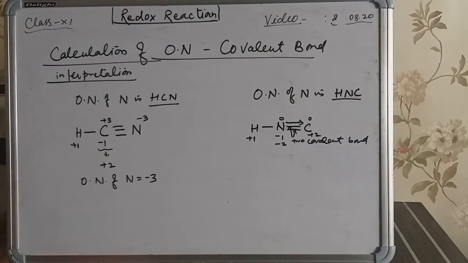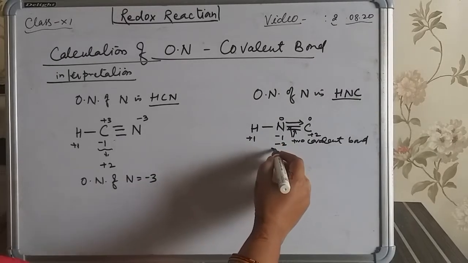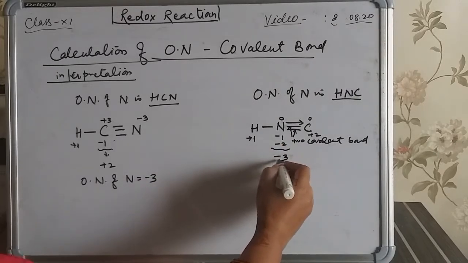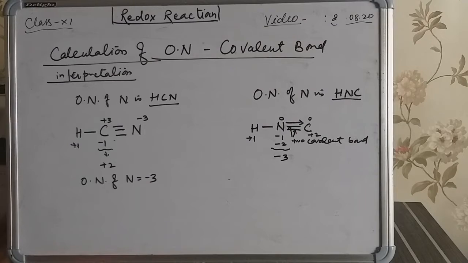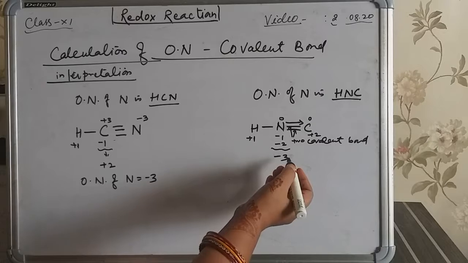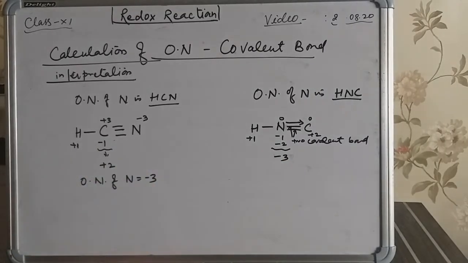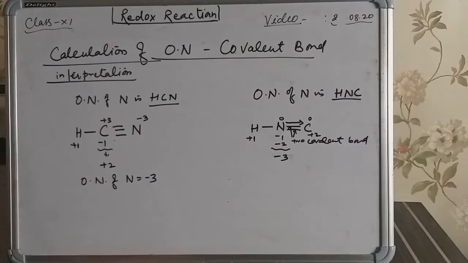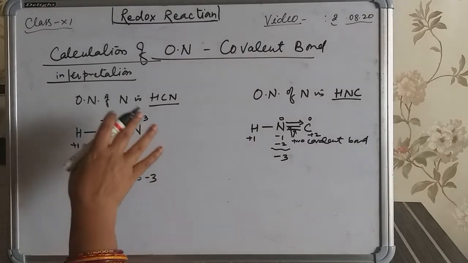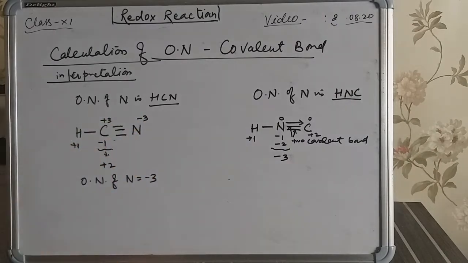So nitrogen still acquires -3 charge. In that way you can simply find carbon +2, nitrogen -3 and hydrogen +1. So this is a simple way to find the oxidation number on a particular species.